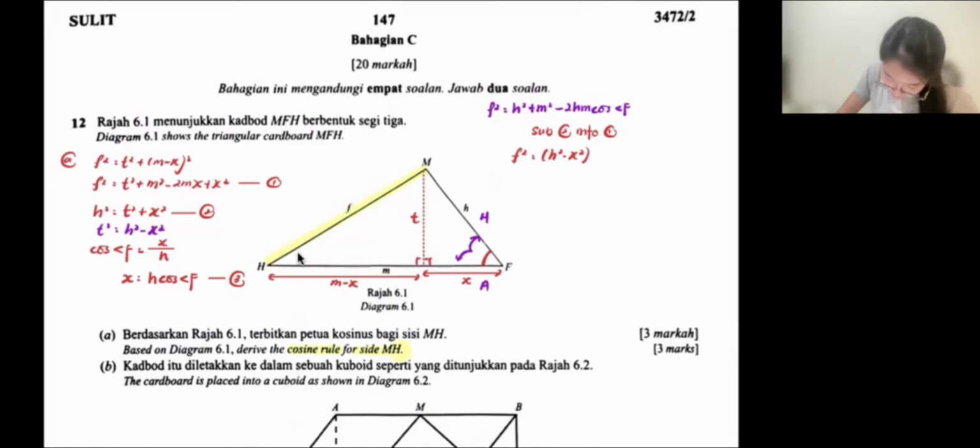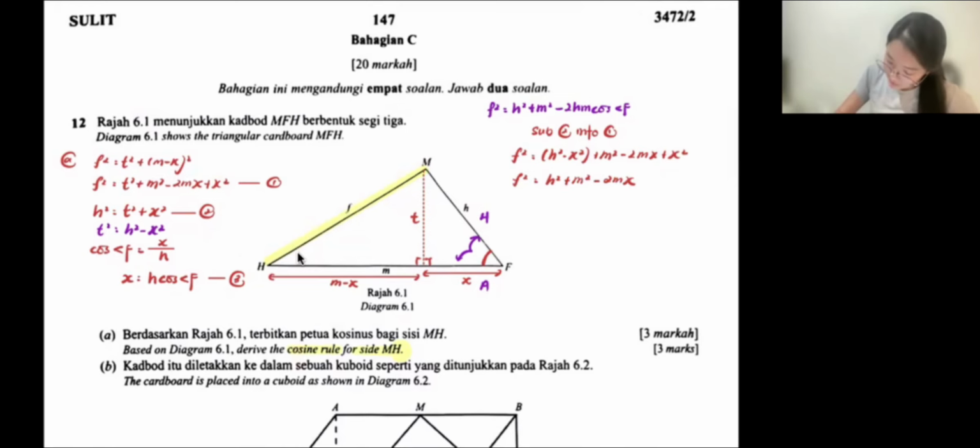Substitute this first. Then continue writing M squared minus 2mx plus X squared. Don't substitute 2 and 3 at the same time. You substitute one by one. So this will be F squared, H squared, you see, X squared negative plus here. This one no more. So you will get plus M squared minus 2mx.